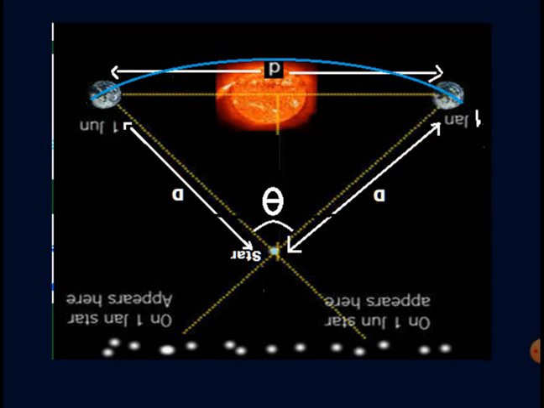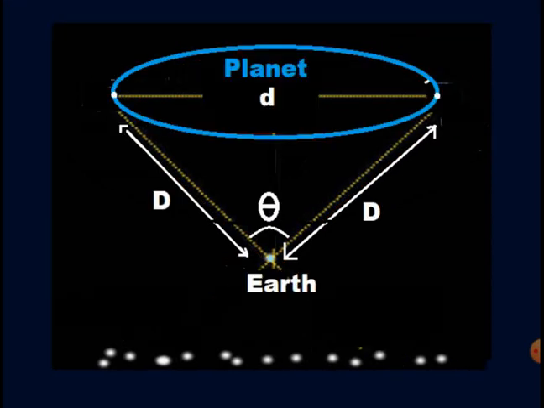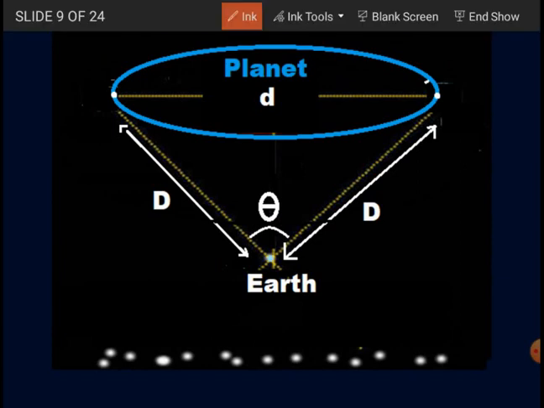Got it? Yes, let's see. Suppose this is the planet, the blue one, with two edges. If you observe with your telescope from here, this will be the line of sight for one of the edges of the planet, and opposite to it, the other edge somewhere here.